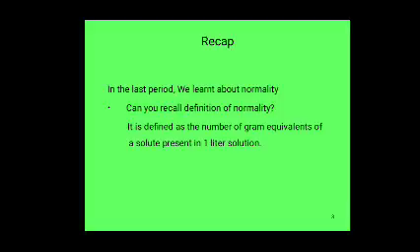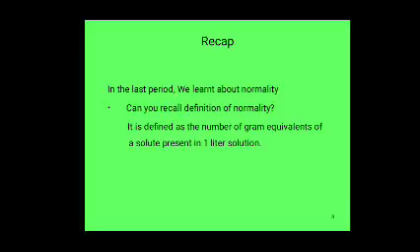It is defined as the number of gram equivalents of solute present in 1 liter of solution, which is called normality.